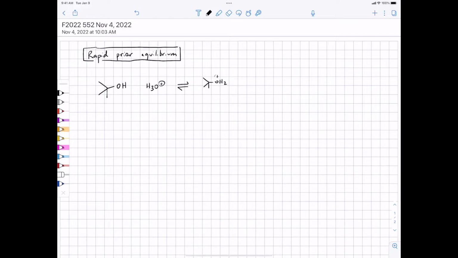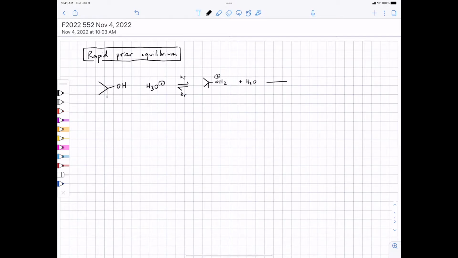And let's suppose that protonating this alcohol happens in a fast and reversible fashion, just like proton transfer usually does. So we'll have some forward rate, little kf, and some reverse rate, little kr.